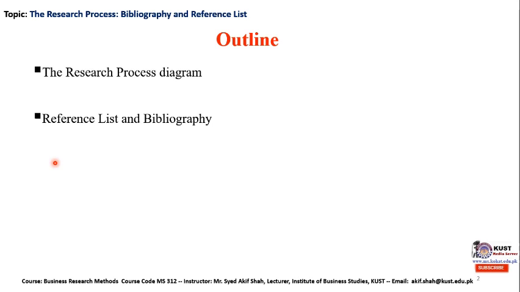The outline of this lecture comprises the research process diagram, and more emphasis will be on the reference list and bibliography, that is, how to refer to a particular article or book in the body of the literature review or throughout the research report, and then how to formulate a complete reference list or bibliography at the end of the study.